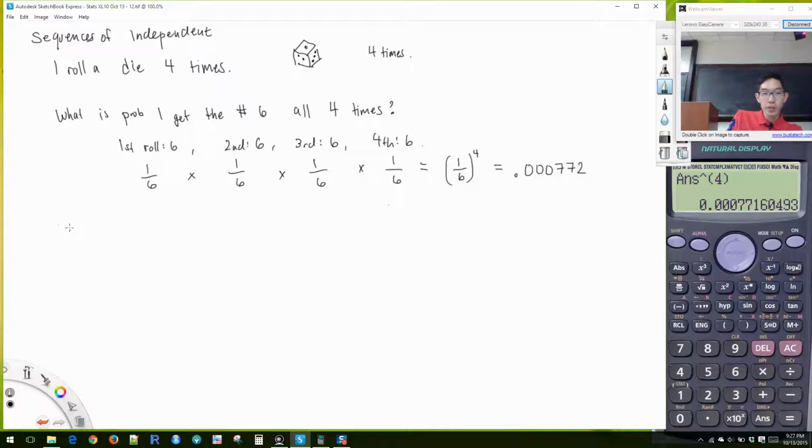Okay, so I'm going to give you an opportunity to do something. What is the probability I get a number bigger than 2 all 4 times? I'm rolling the die 4 times.